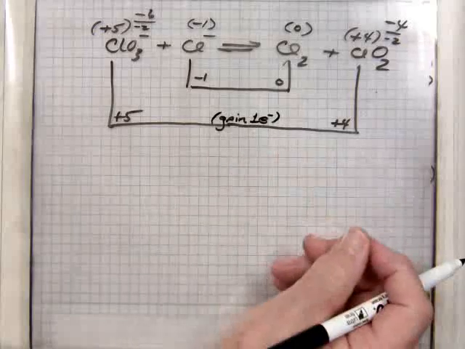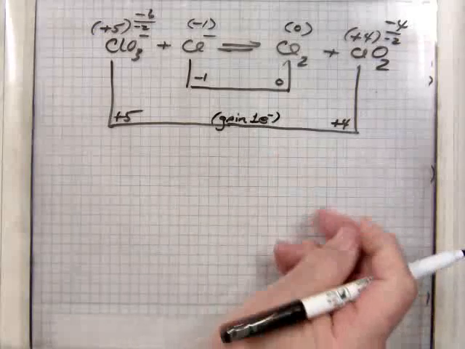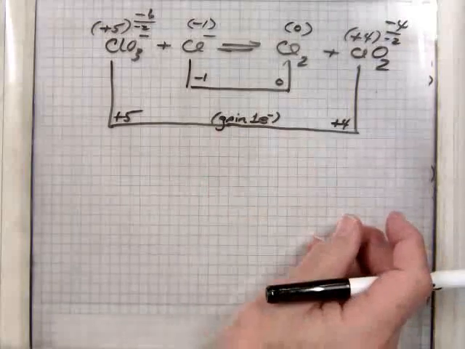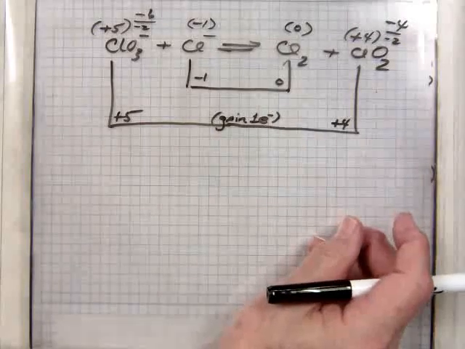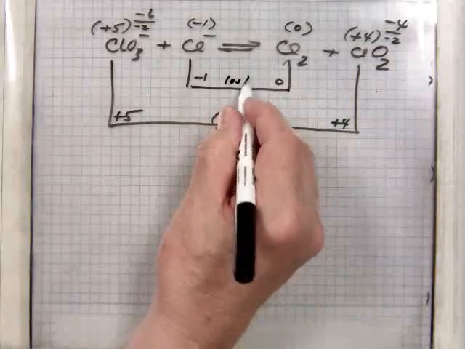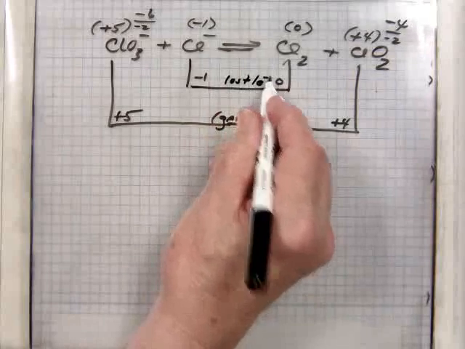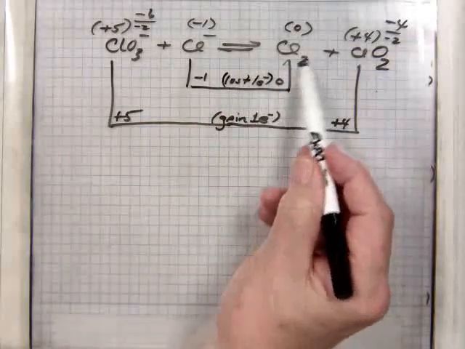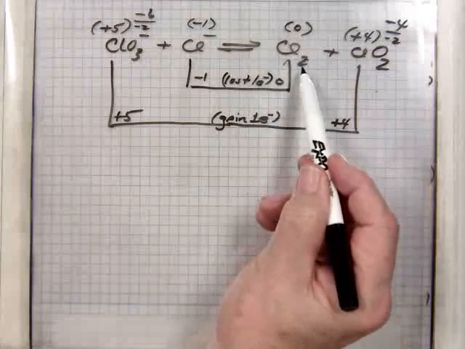Everybody good on that? In this one, -1 to 0 is going to a more positive end, so it lost an electron per element. Now this is where you have to maintain the subscript 2.